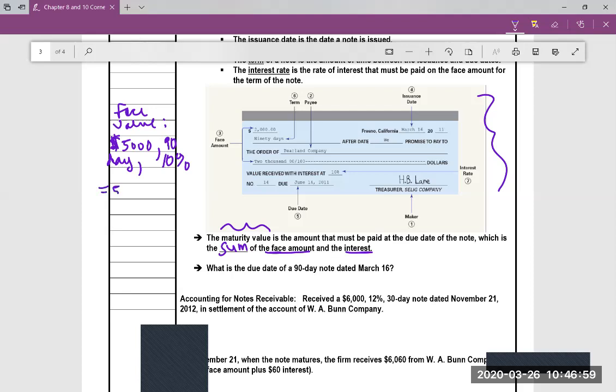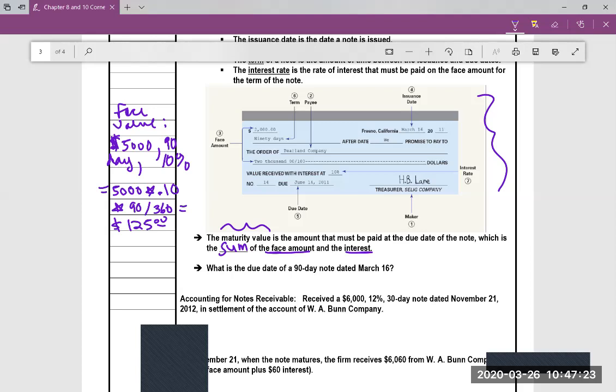Well, look here. If I take 5,000 times 0.10 times 90 divided by 360, that is going to equal $125. Now, let's review. The $5,000 came from the face value.